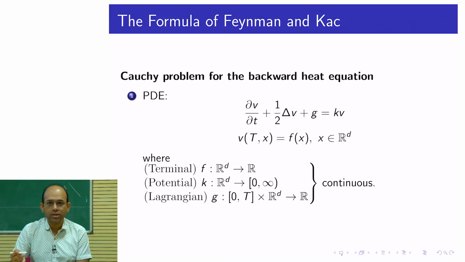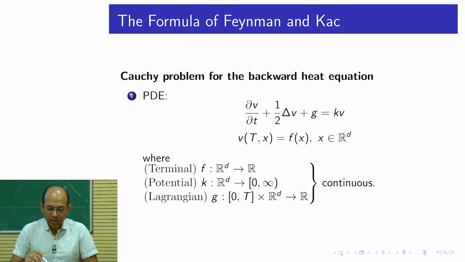This is saying that given a backward heat equation, where v is a function of time and space x, we assume x is a member of d-dimensional Euclidean space.